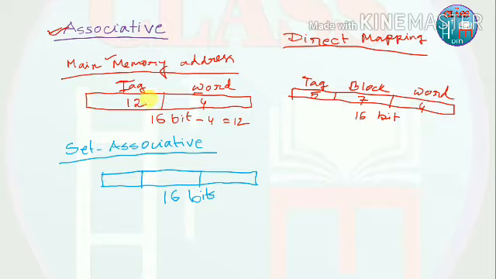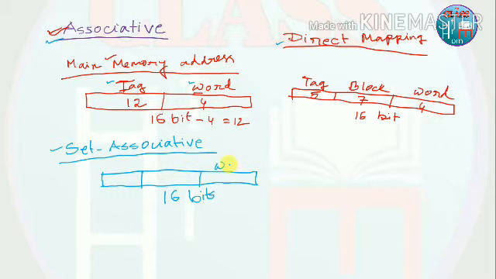So only in associative mapping it will be divided into 2 parts, tag and word. But in the direct and set associative, it will be divided into 3 parts.